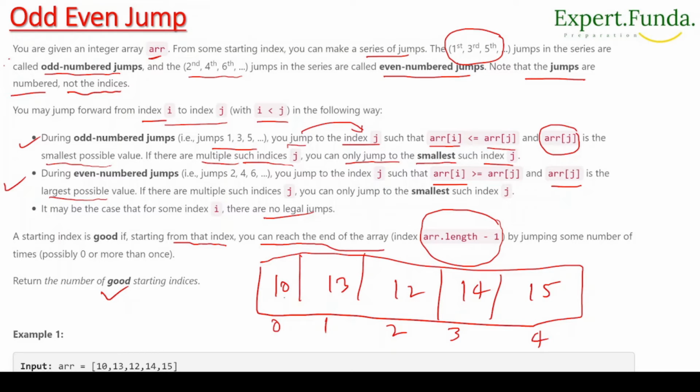If I want to jump from here to any of these, I have a possible range, from index 1 to 4. We can jump either once or multiple times. So what is the criteria we have?